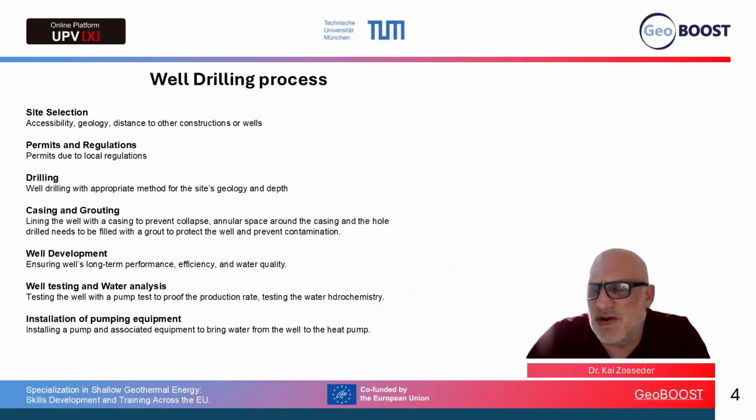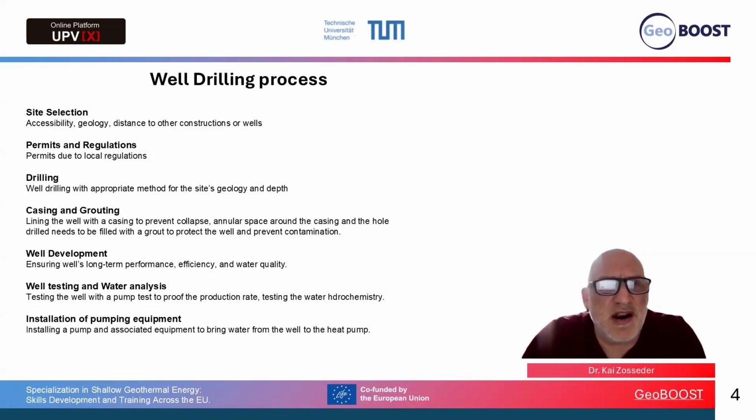Due to local regulations, you normally apply for water permission. It depends, of course, in which country you are and what the rules there are. And then you can start the drilling. The drilling methodology should be appropriate for the site, for the geology, and for the depths you are going to drill.